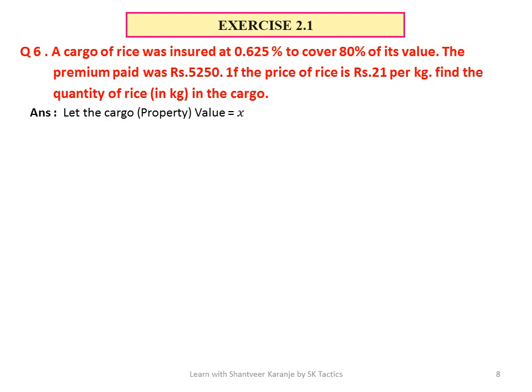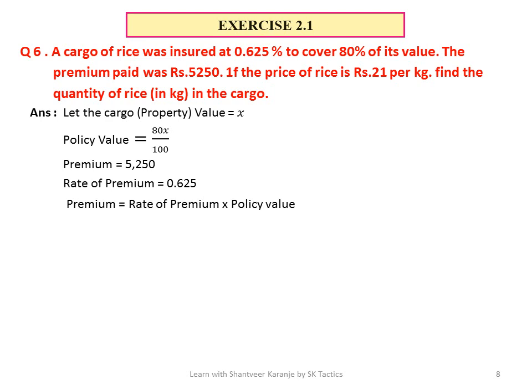The rice was insured at 0.625% to cover 80% of its value, meaning this is the rate of premium, and the policy value is up to 80% of the property value. So policy value is 80% of property value, it is 80X by 100. Premium is given as 5,250 rupees and rate of premium is 0.625.